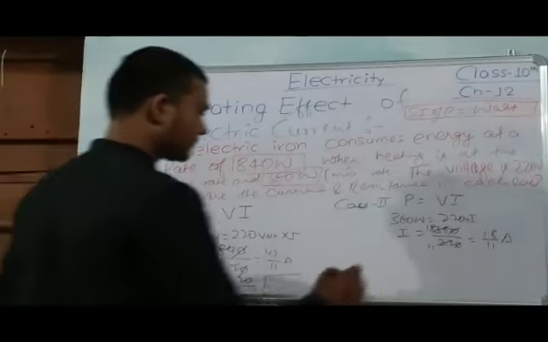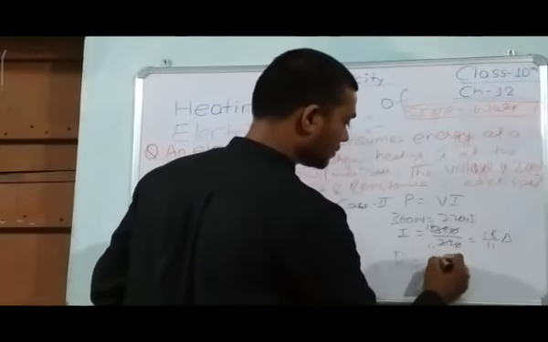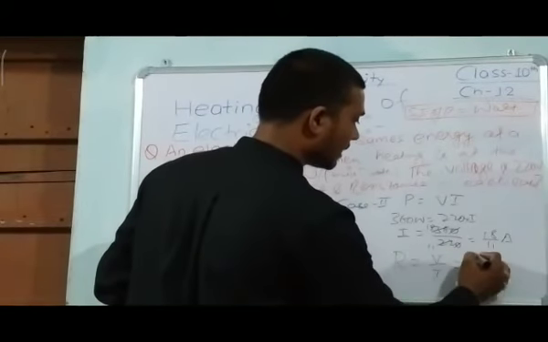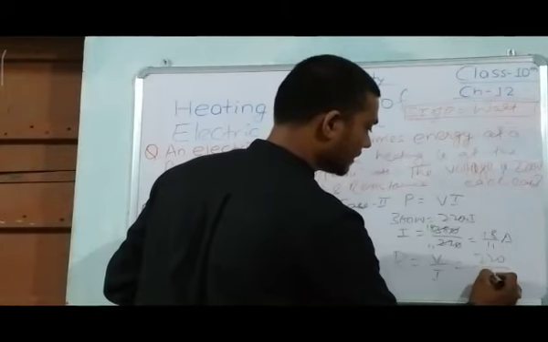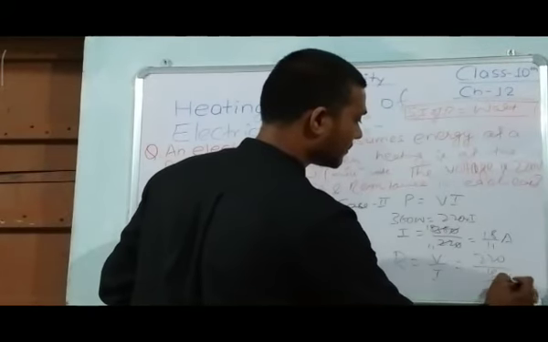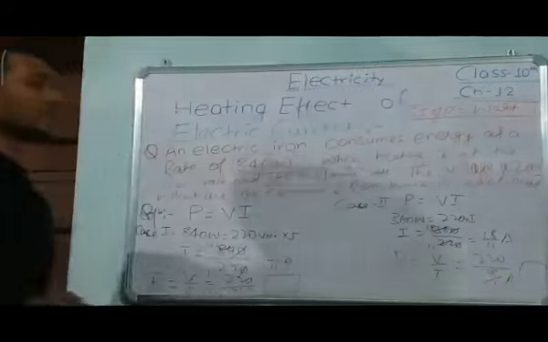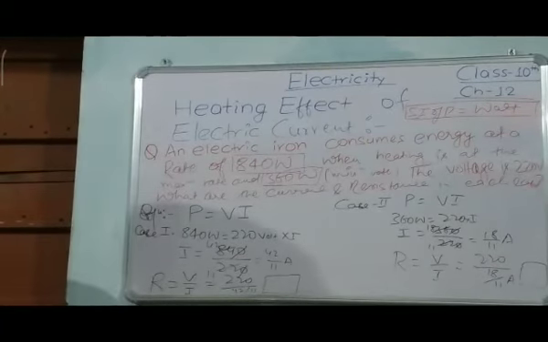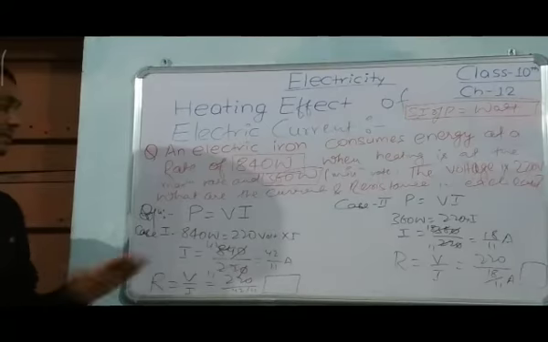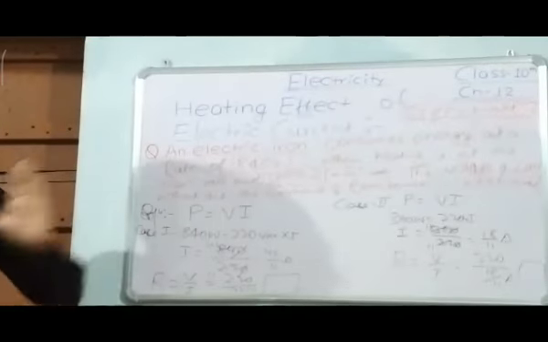And here also R is equal to V upon I. We have V 220 and current is 18 upon 11 ampere. We get the value of resistance. So by this way we get the solution of this numerical. Here we use only one formula, which is P is equal to V into I.